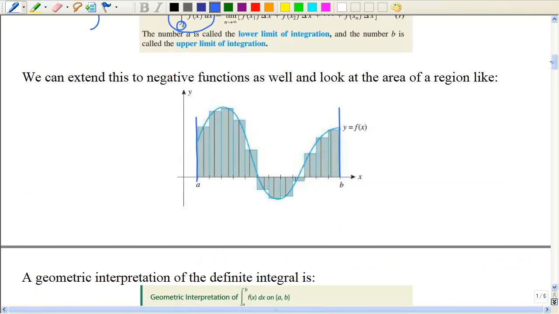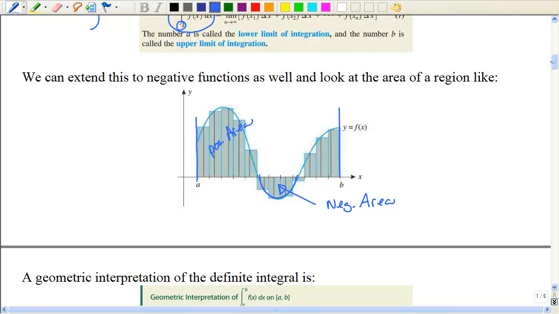We don't have to just have functions that are above the x-axis. We can also have functions that dip below. Now what's kind of interesting here is this would be positive area above the x-axis, where this would actually be considered negative area, which is kind of an interesting concept since you've probably been taught since day one that area, length, width, and all of that needs to be positive.